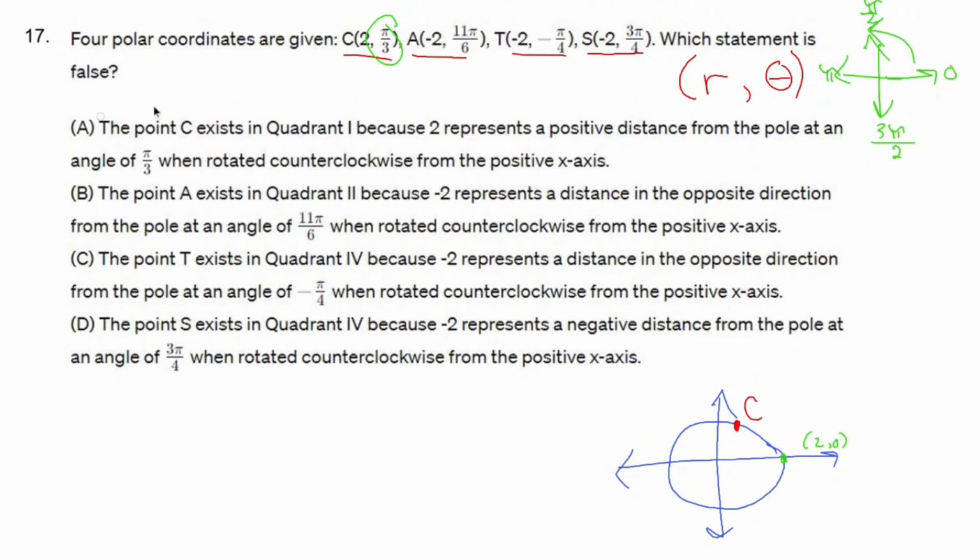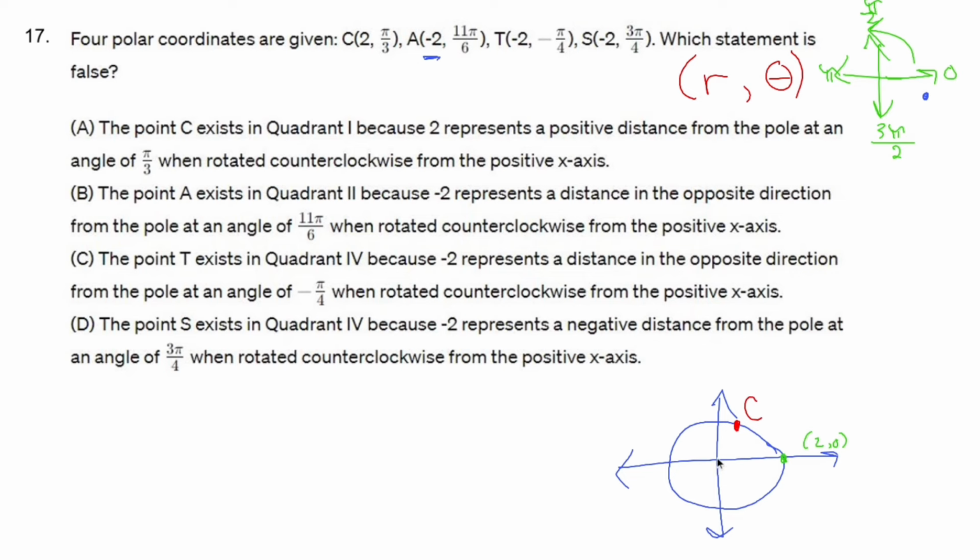Now, let me clear some of this mess up. If I were looking at these and thinking negative radius, what does that mean? Negative R. Well, let's figure out what 11 pi over 6 is first. It's like way down here. So I'm going to go all the way counterclockwise to way down here. Okay, but since this is negative 2, I'm not going to put a dot here.